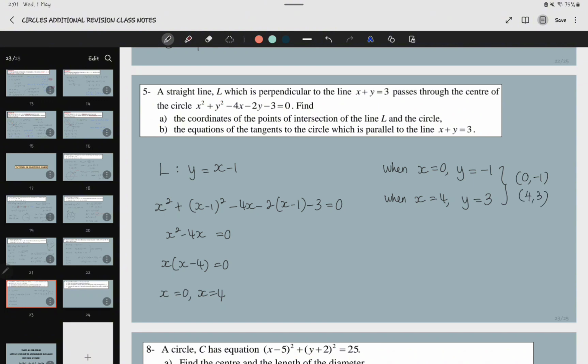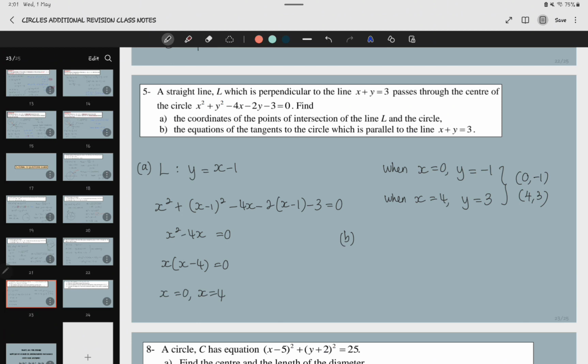This is the point of intersection. For now, when you are practicing how to solve it, you can try to type the equation into the GeoGebra calculator, and you can see how it actually works with the equations. So this is your answer for A.